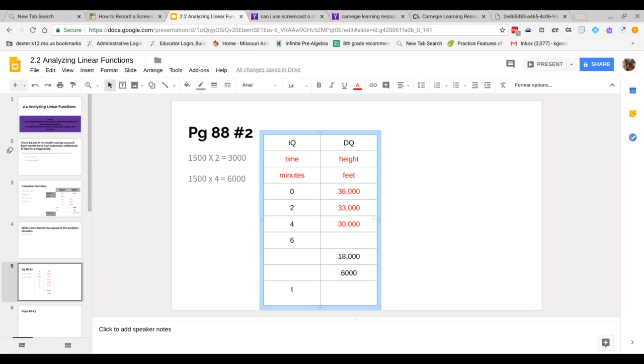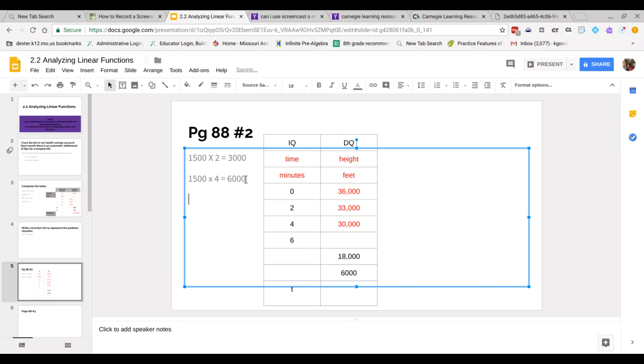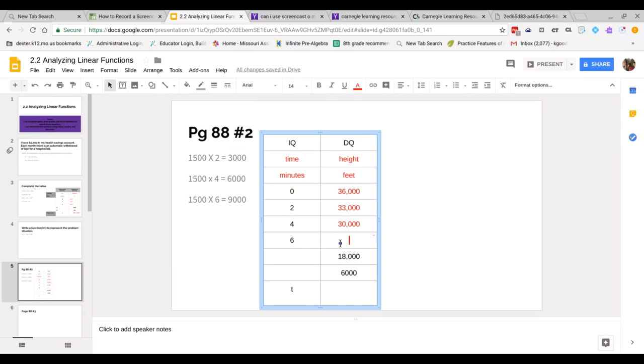So after 4 minutes, it would be at 30,000 feet. Okay. The next one's 6 minutes. 1,500 times 6 equals 9,000, and 36,000 minus 9,000 is 27,000.